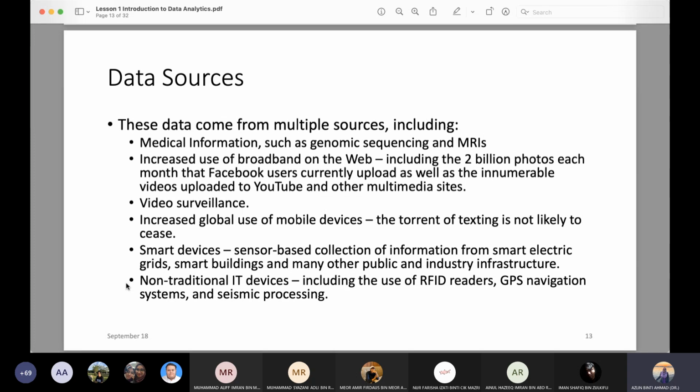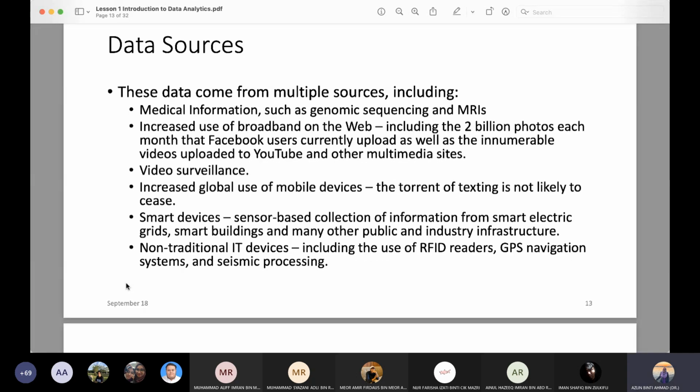Okay, depends on the area of business yang you nak handle lah. Okay, for agriculture, you nak ada data from the drone ke apa, semua ada, semua boleh. Okay, you can get. Cuma the type of data tu, it will be different lah from one to another.